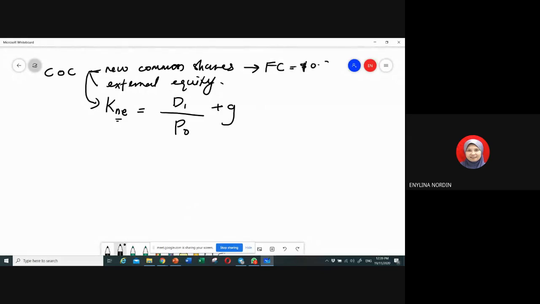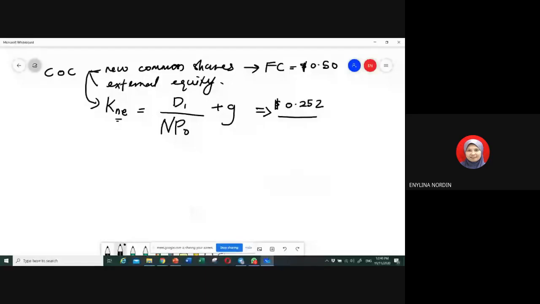That means the company has to bear this. So therefore, the formula will be NP0. Okay, and you just plug in the figures into the formula, which is D1. We got earlier 0.252, the 30% of last year's EPS, right?